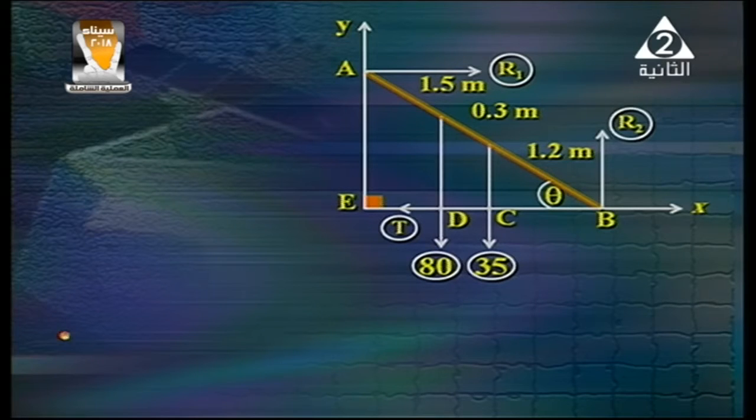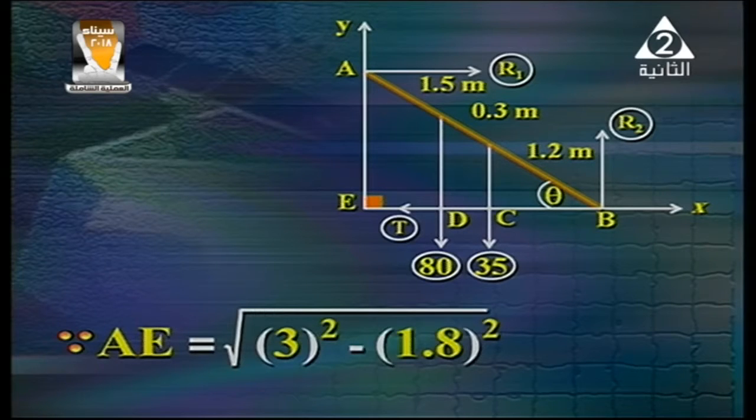Angle E is a right angle in triangle ABE, then AE equals square root of 3 power 2 minus 1.8 power 2, Pythagoras theorem, equals 2.4 meter. The length of the ladder equals 3 meter, but EB its length is 1.8. Then we find AE by using Pythagoras theorem. Then AE equals 2.4 meter.